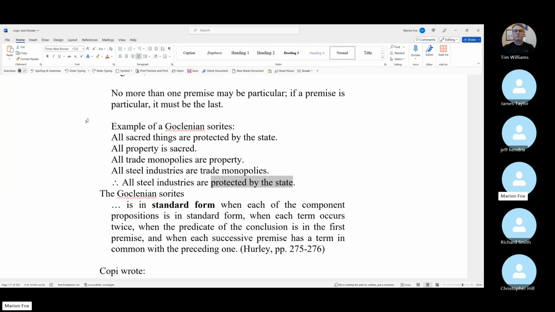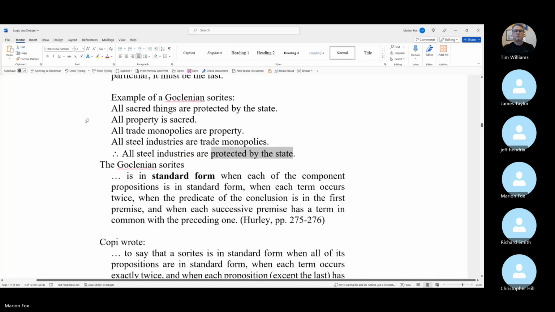Hurley says a Goclenian Sorites is in standard form when each of the component propositions is in standard form, when each term occurs twice, when the predicate of the conclusion is in the first premise, and when each successive premise has a term in common with the preceding one.